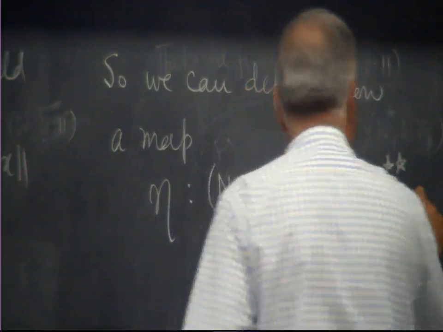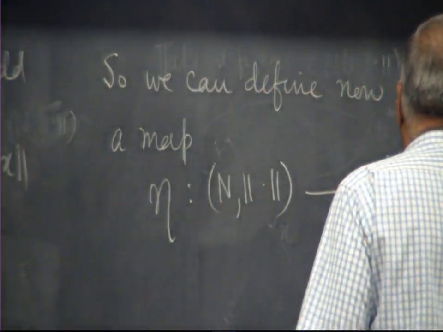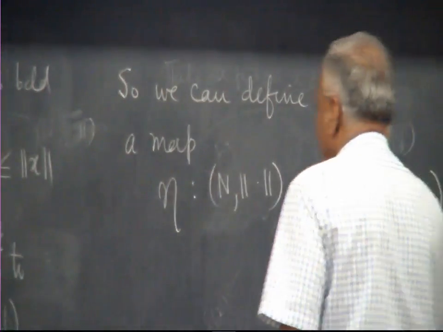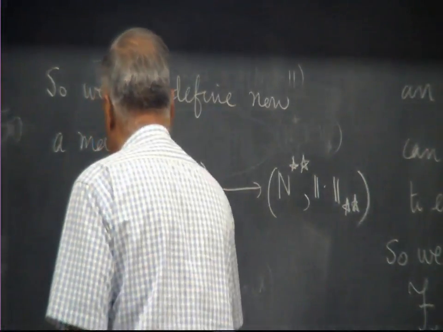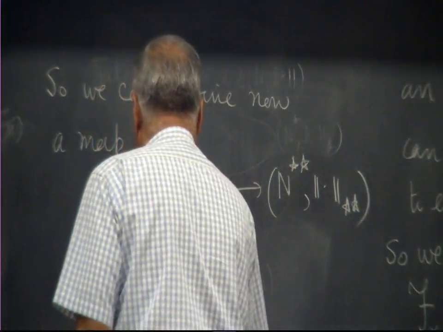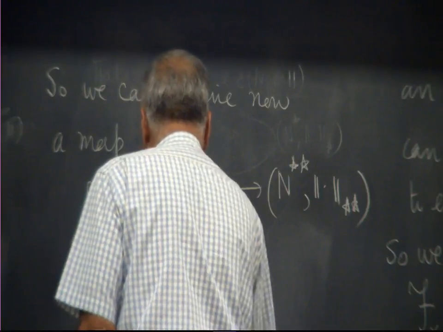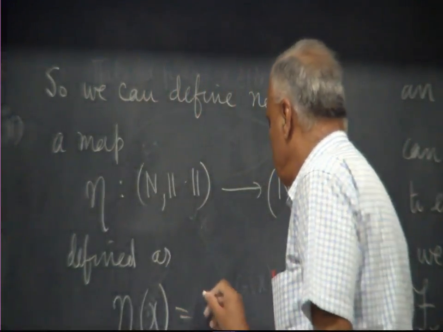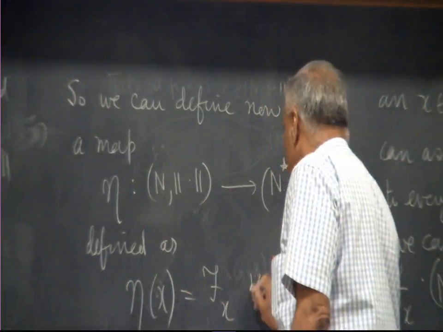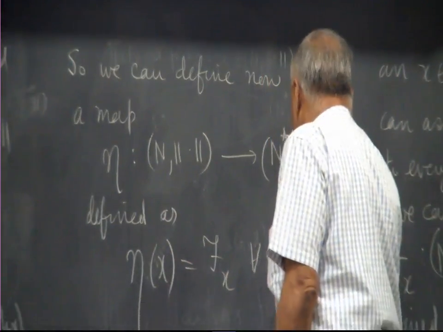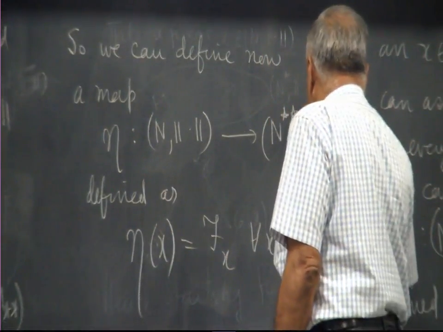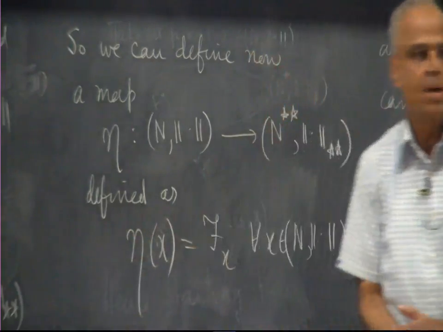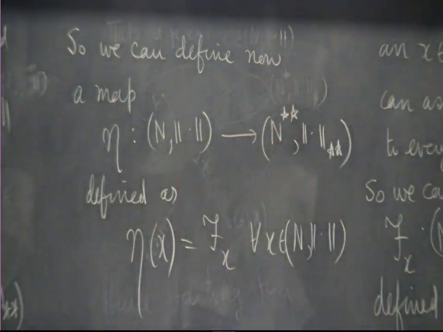This is the shadow map, defined as eta of x is equal to that F_x for every x in n. The F_x is what we constructed now. For every x, define the shadow. So this is the shadow map. And this shadow is obtained through going through that in-between fellow n star.